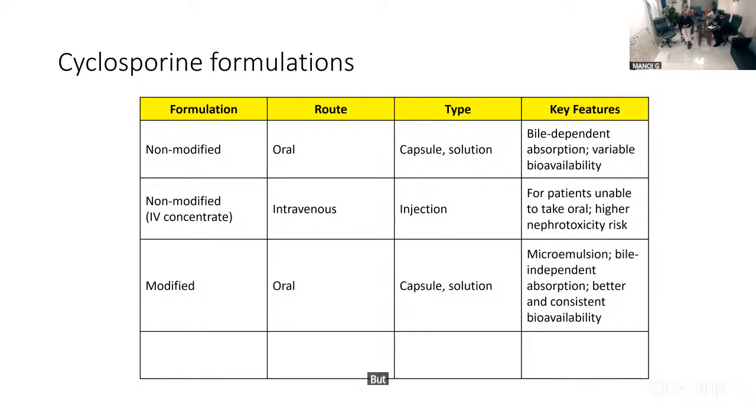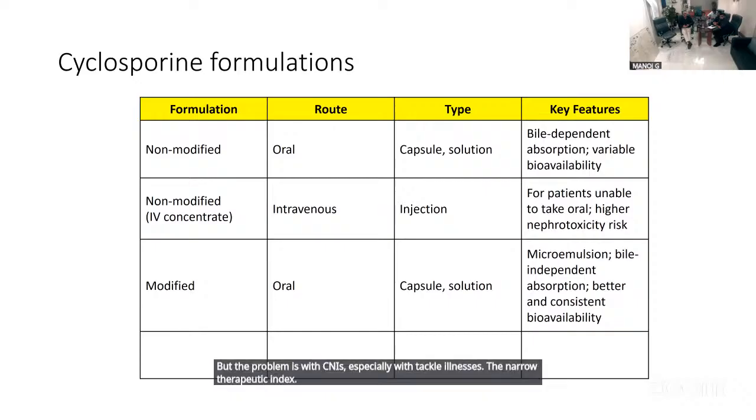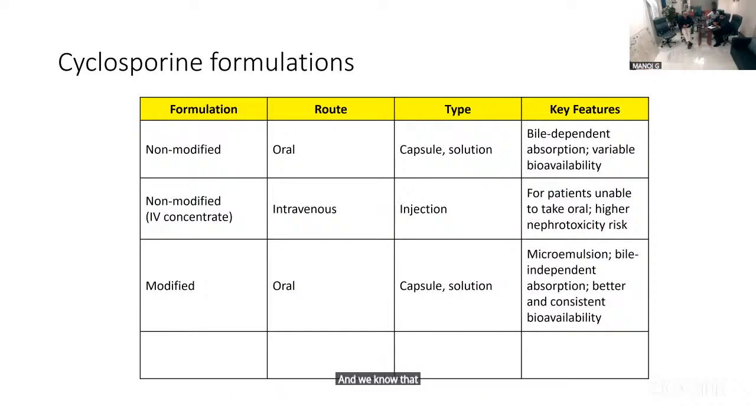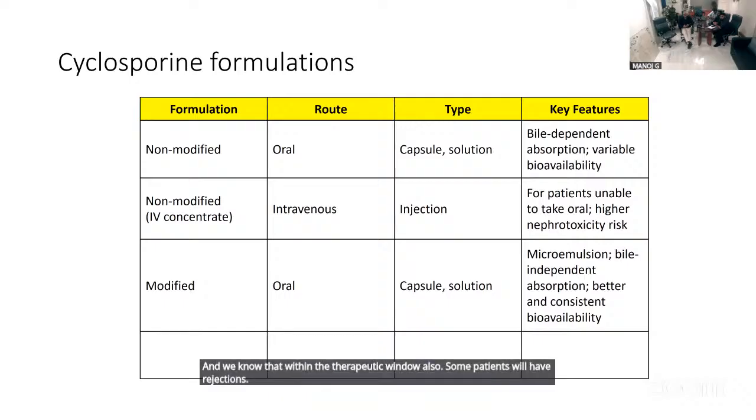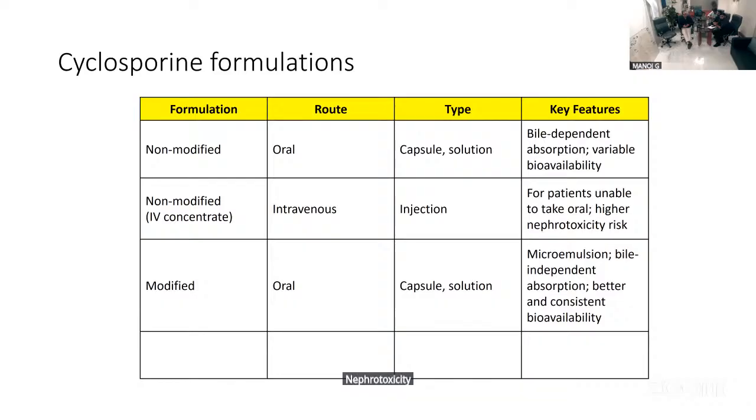But the problem with CNIs, especially with tacrolimus, is the narrow therapeutic index. And we know that within the therapeutic window also, some patients will have rejections and nephrotoxicity, and patients who do not achieve the target trough levels at times do not have any rejections.